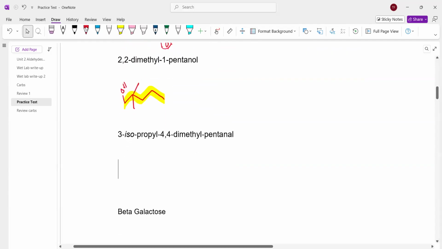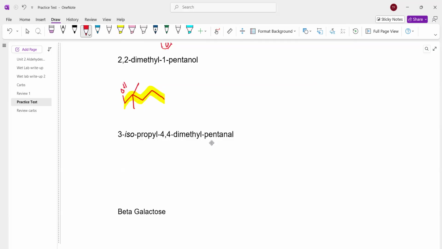Here we have a 5-carbon aldehyde. And carbon number 3, we have an isopropyl. Carbon number 4, we have two methyl branches.